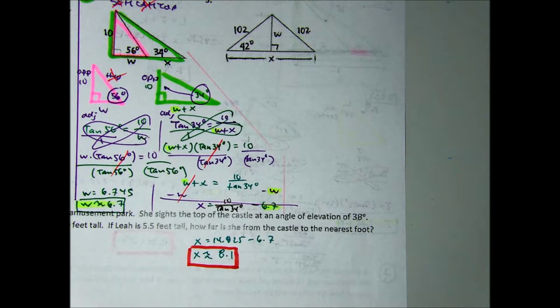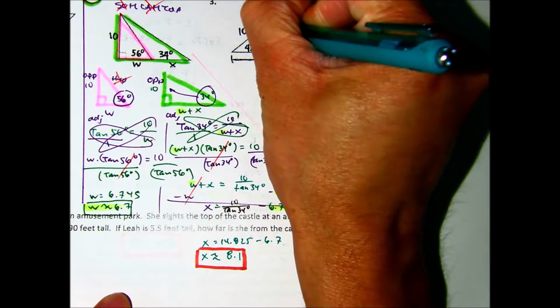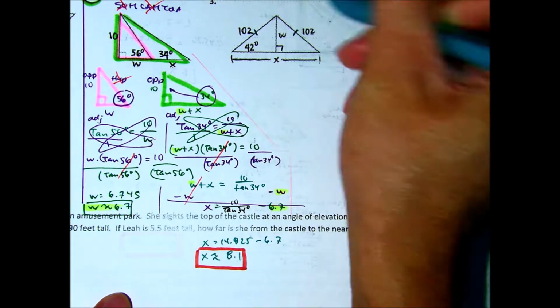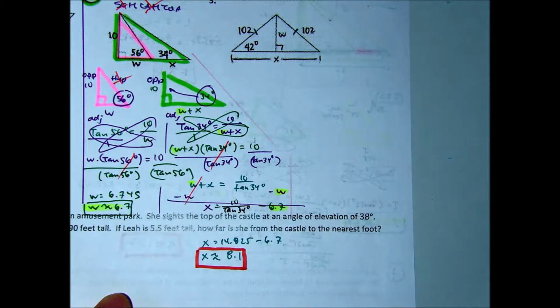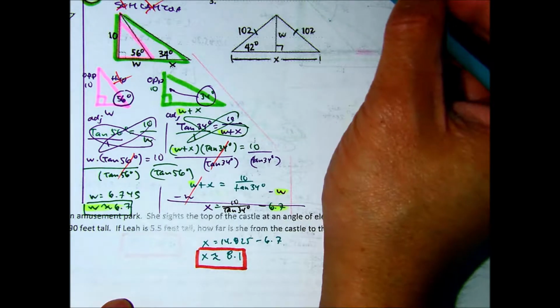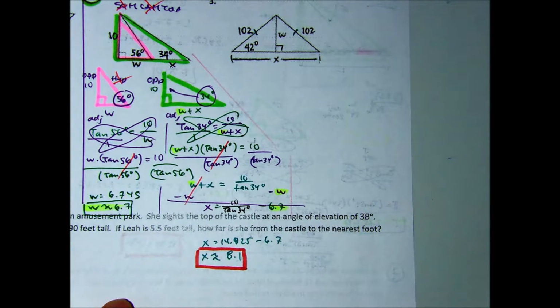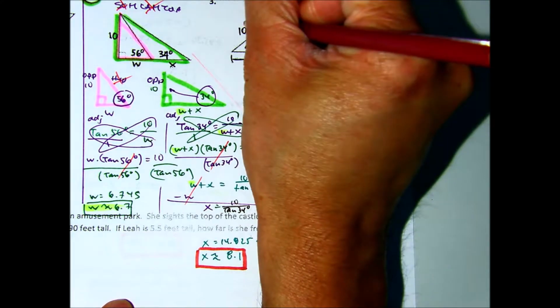If two sides of a triangle are the same, what type of triangle do you have? Well, you would make these marks, and you would have a what? You have an isosceles triangle. An isosceles triangle basically says the sides are the same, and their base angles are the same.